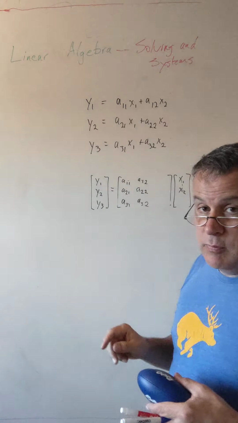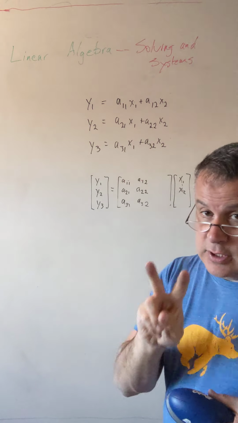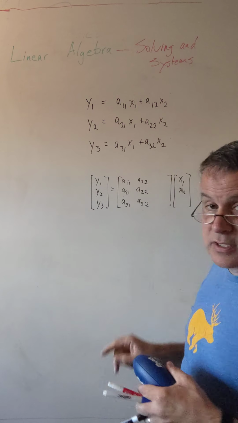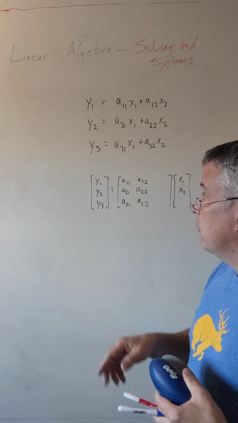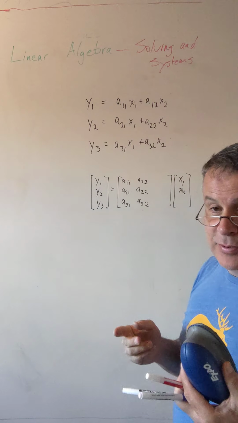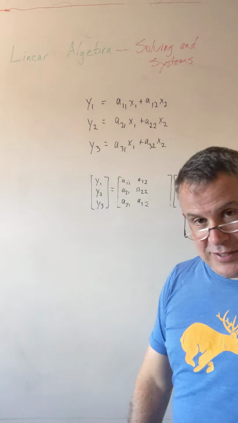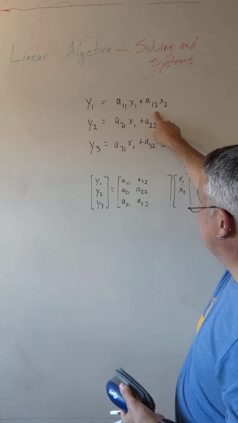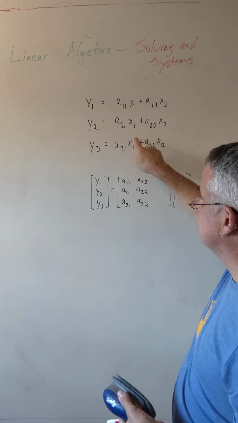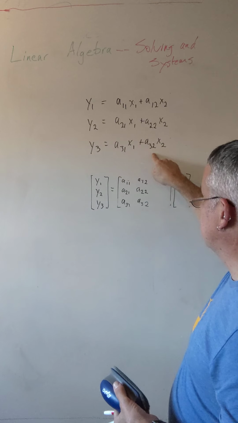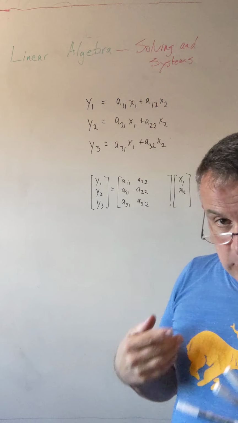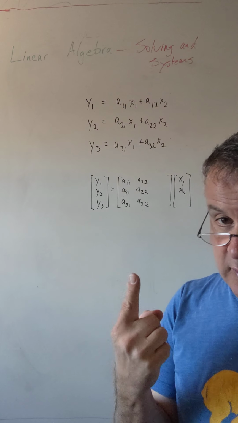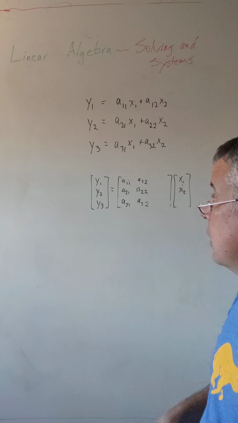So a 3 by 2 matrix can have the rank of 2 or less if all 3 of these equations were linearly dependent. Or, for example, the simplest case, what if all 3 of these equations were the same equation, with a11 and a12 equal to a21, a22 also equal to a31, a32, then they would have only rank 1 because there's really only one equation worth of information sitting there underneath.